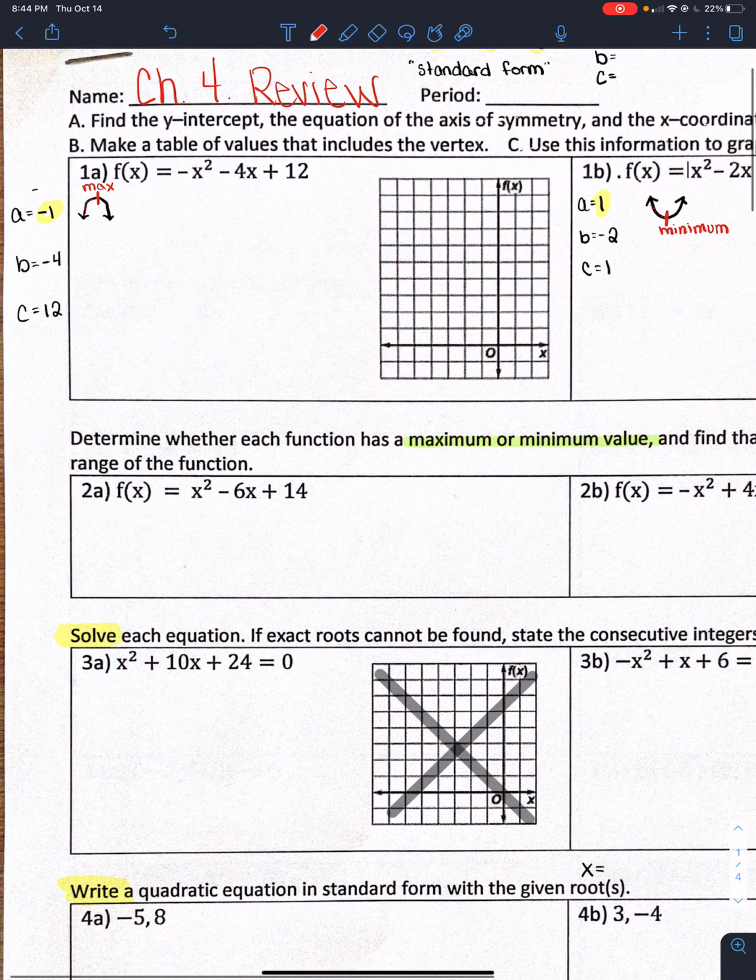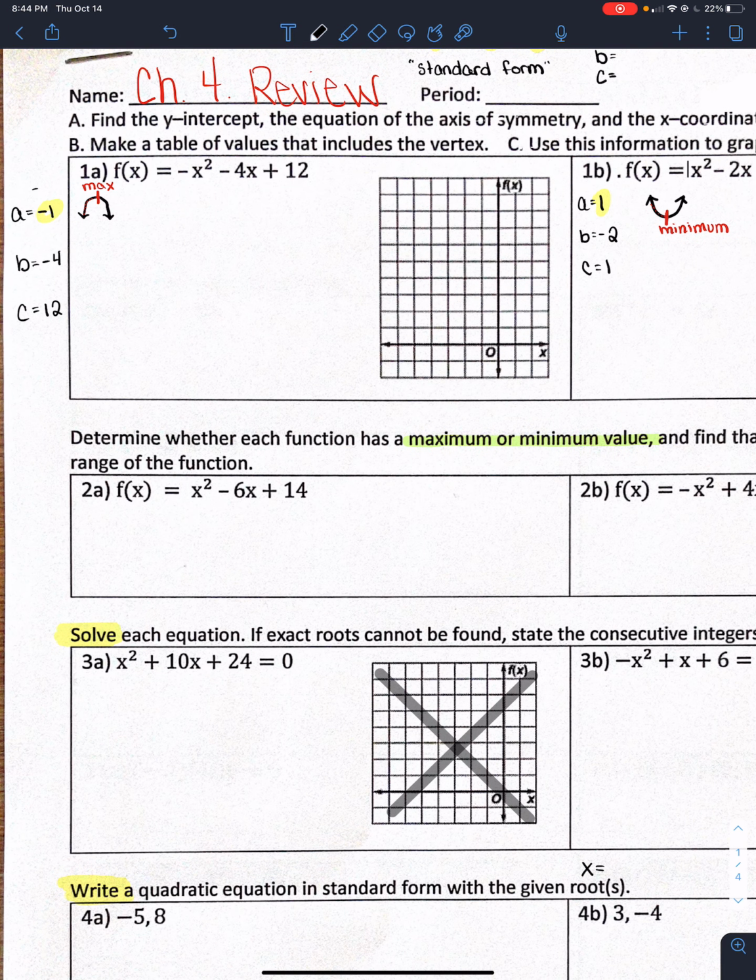All right. Now, looking at the next part, if I want you to find the vertex, it's always an x and a y value. It's a very specific x and y value, or coordinate, but we need to be able to find it. So to find the vertex for the x value, we are going to do opposite b over 2 times a.